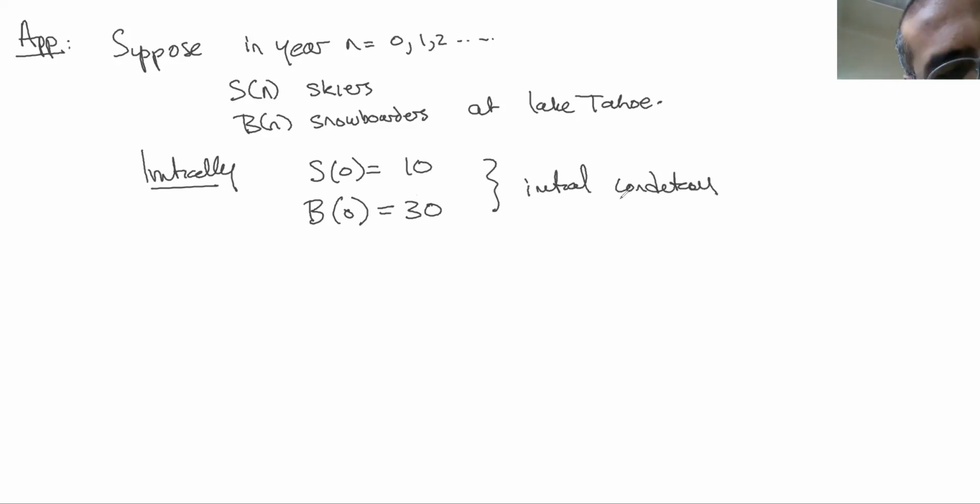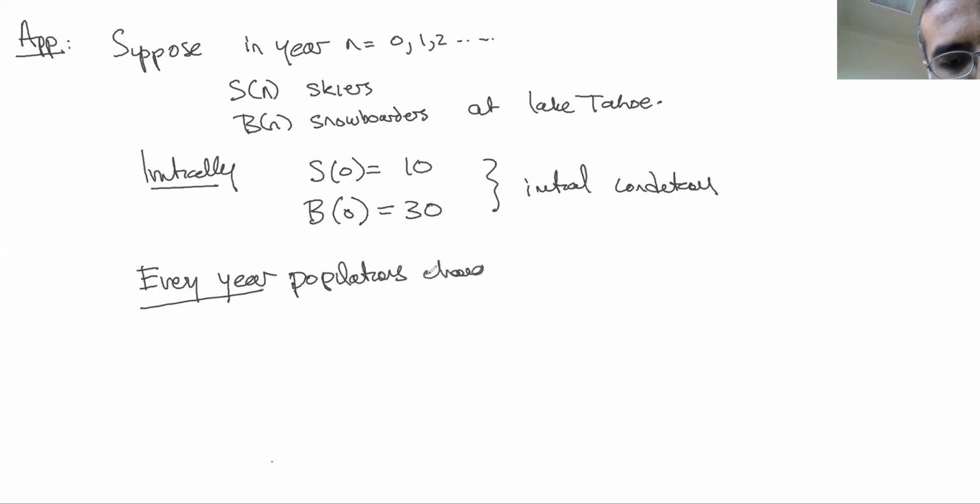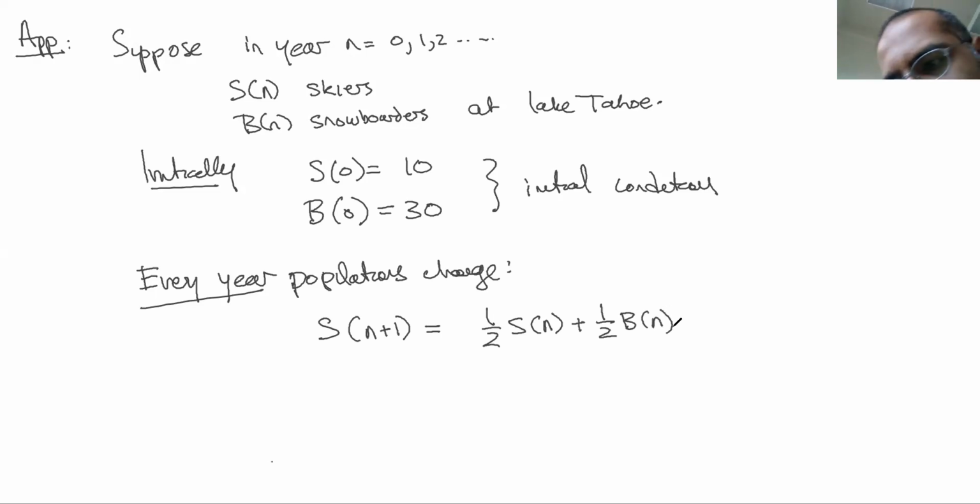And now every year, let's say these numbers change due to some mechanism. So every year the populations change as follows. Well, the number of skiers in year n+1 is the average of the number of skiers and the number of snowboarders in the previous year.